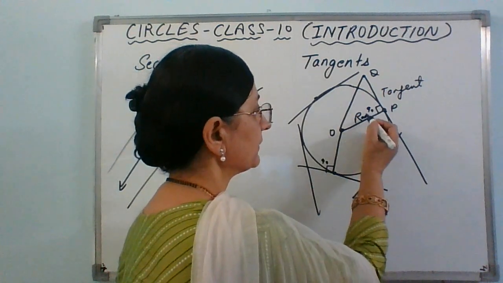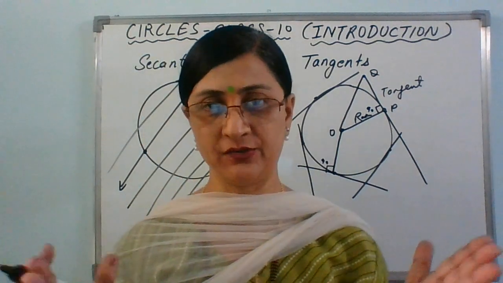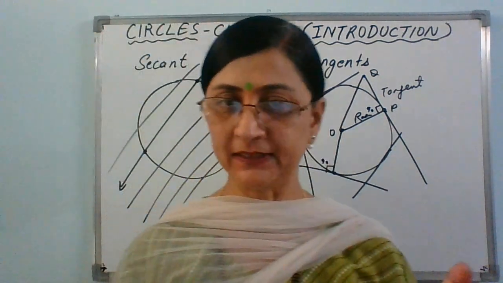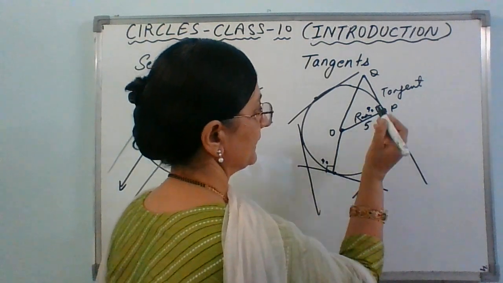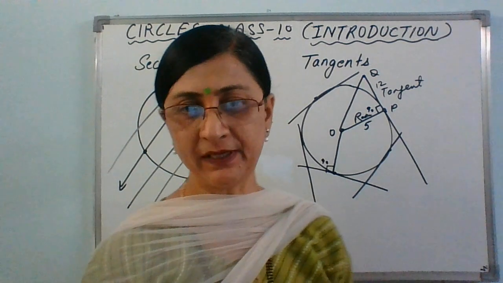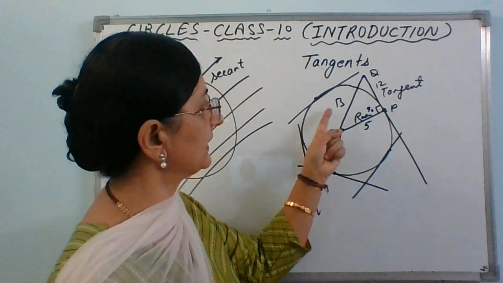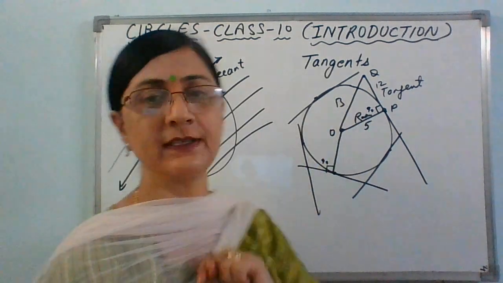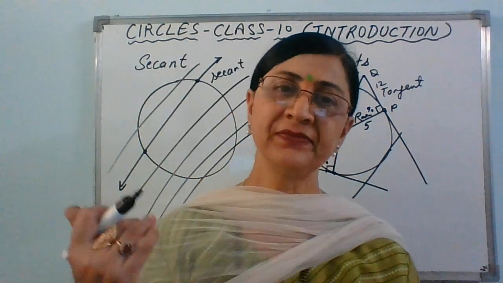So this is the radius, and OPQ is a right triangle. Here we can apply the Pythagoras theorem. Suppose this is given as 5 and this is 12, a Pythagorean triplet, then using Pythagoras this side will be 13. Or sometimes they give us this side and we have to find that side.